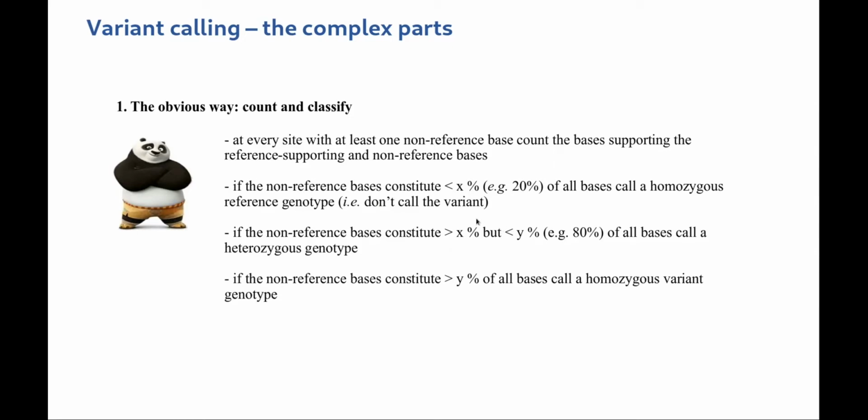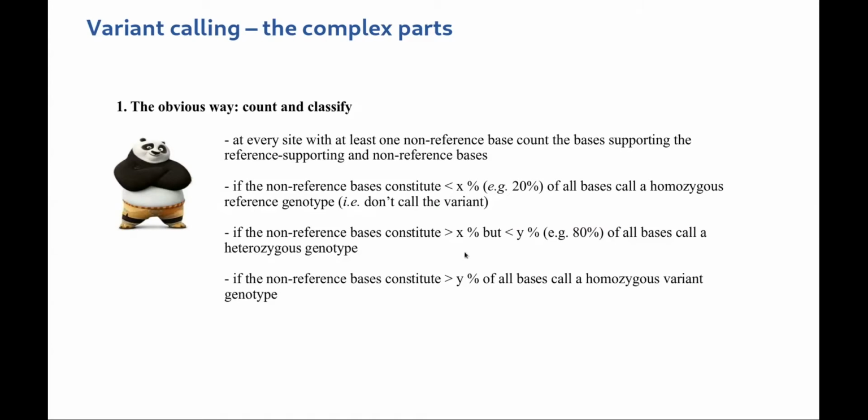So we could, for example, go with a 20% threshold first, and then if the non-reference bases constitute less than that threshold of, say, 20%, then we call a homozygous reference genotype. In other words, we say there is no variant at the site.